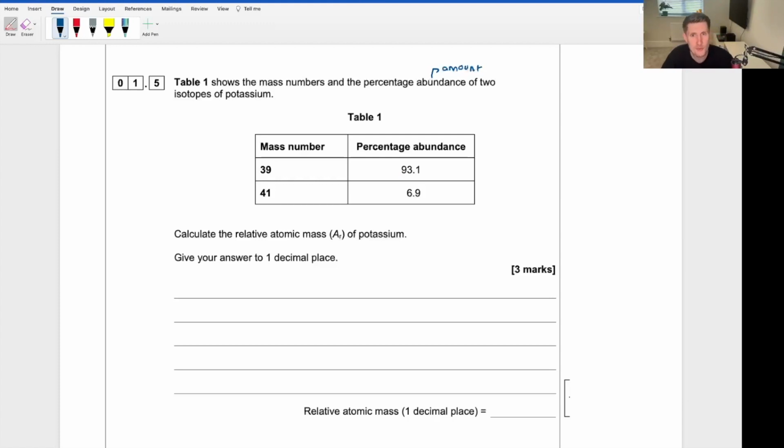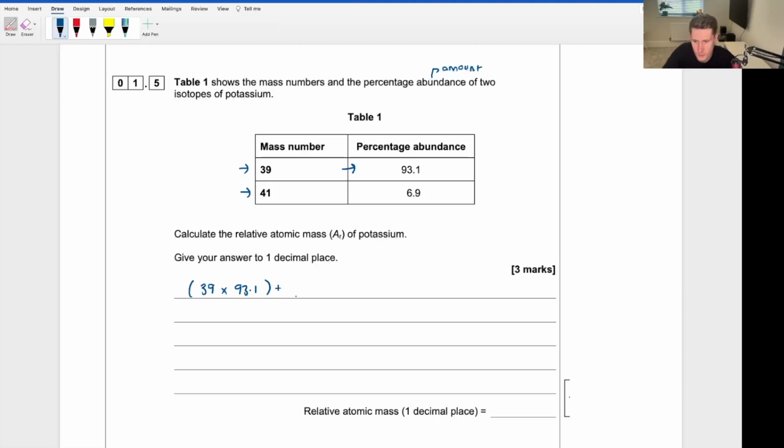In order to work out its AR, we have to first do the mass of each isotope multiplied by its abundance and add it to the other isotope. So the mass number of the first one is 39 and its abundance is 93.1. So 39 multiplied by 93.1, close brackets, and we're going to add it to the second isotope.